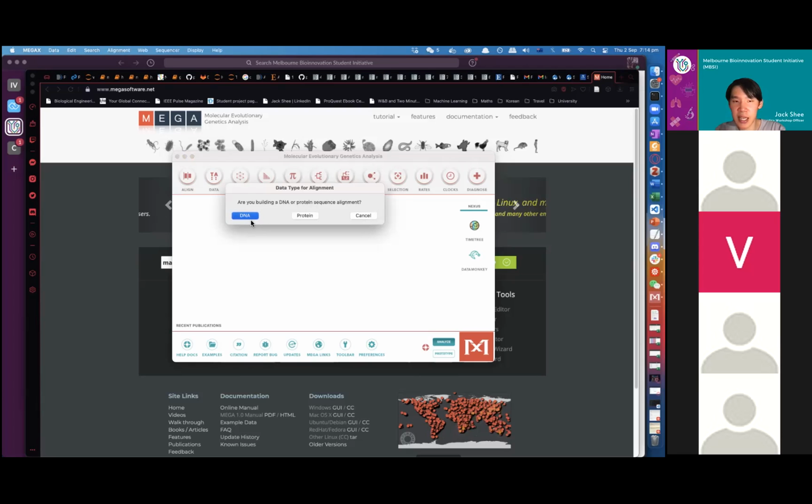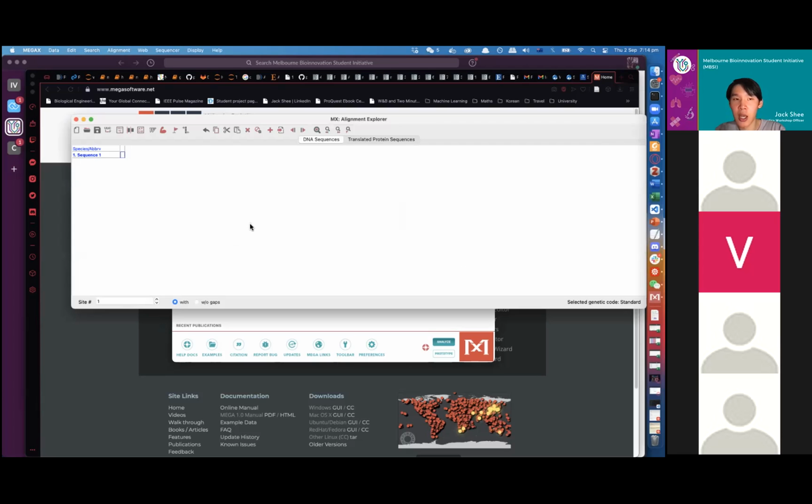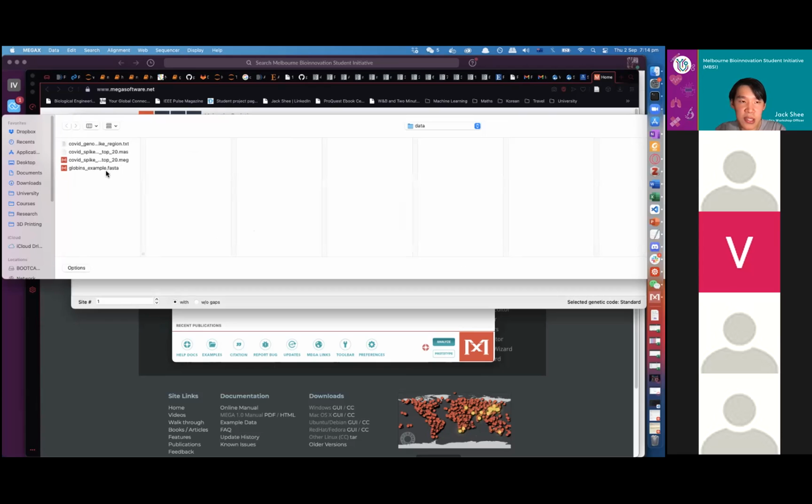It's going to be DNA because I'm deciding to align the coding sequences for coronavirus spike protein. I've already fetched those sequences prior to this. So what I can do is select those sequences, and let me get those. So it's not these ones. Let me.